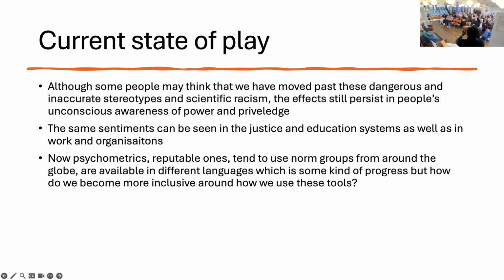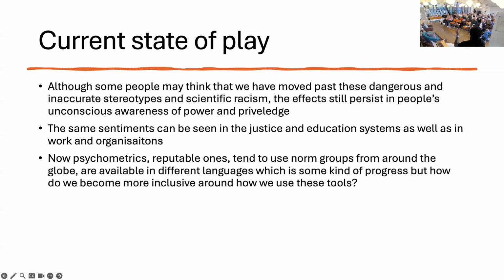Reputable psychometrics, which is everyone in the room that uses psychometrics, we all use the reputable ones. We know that the norm grouping is actually quite good in the sense of it does capture lots of different people from lots of different places. And the language use as well is brilliant too. But when it comes to things like translation, how good is the translation?